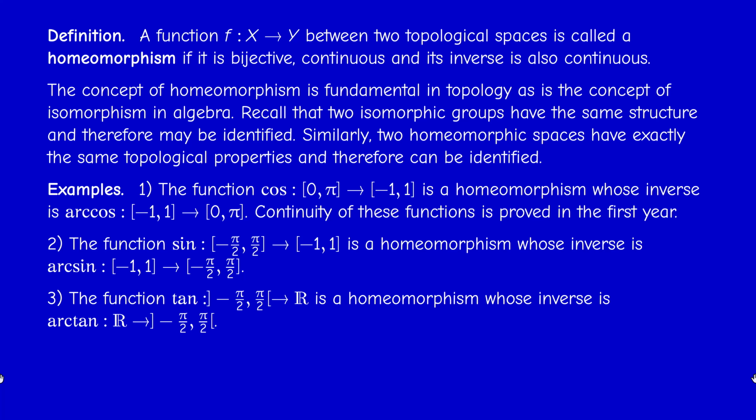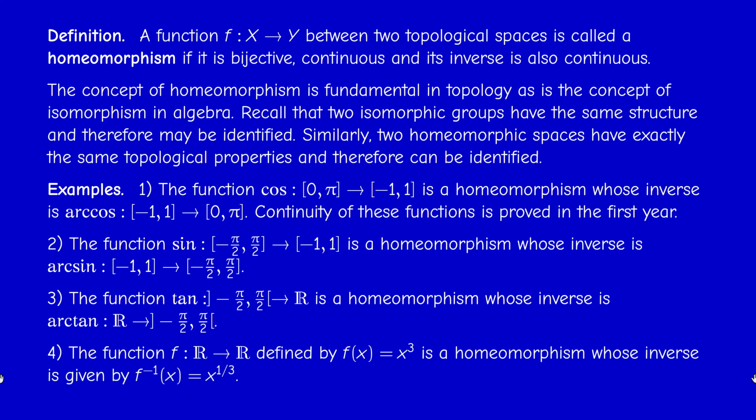And you'll see actually that any two open intervals are homeomorphic to each other. Another trivial example is x cubed. X cubed from R to R is a homeomorphism because it's a bijection, it's continuous, and its inverse is given by x to the power 1/3, which is also continuous.